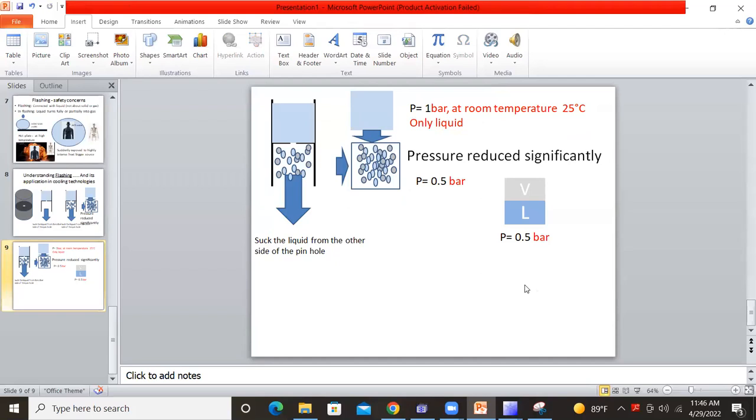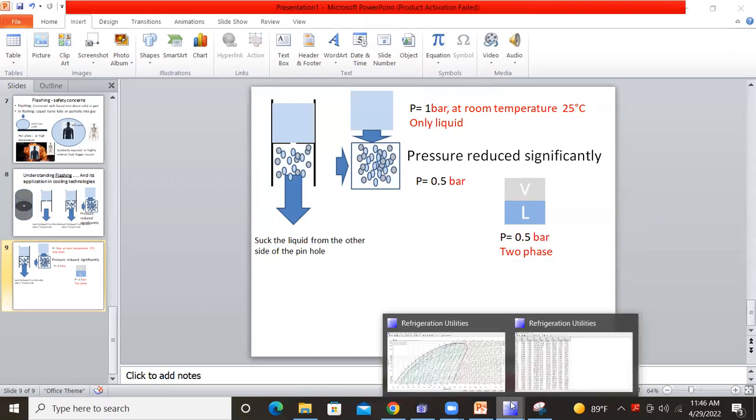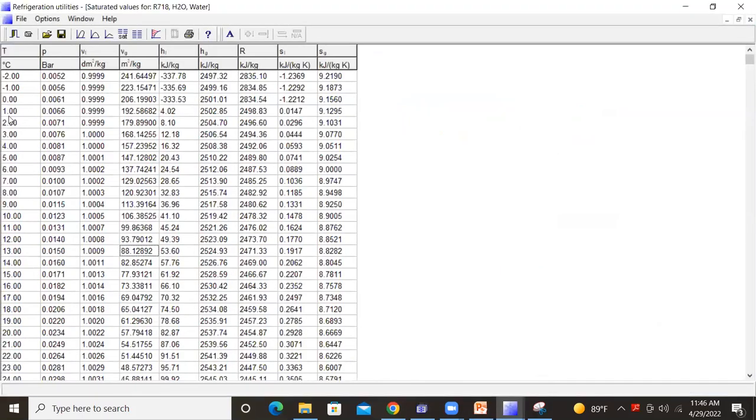Okay. So here, P at 0.5 bar, two phase. What's the temperature? So two phase, you have to go for the steam tables. If you go for the Rogers and Mayhew steam table, I think I have shared with you, you can look into the same.